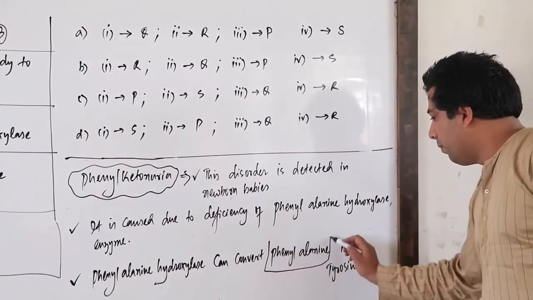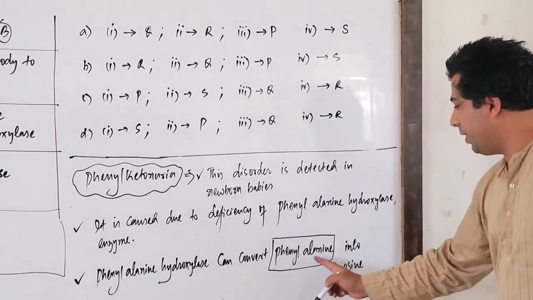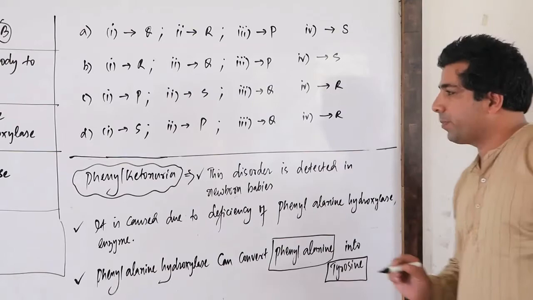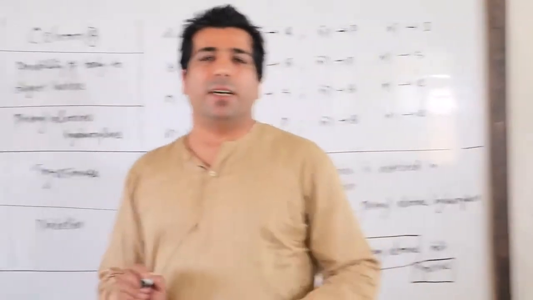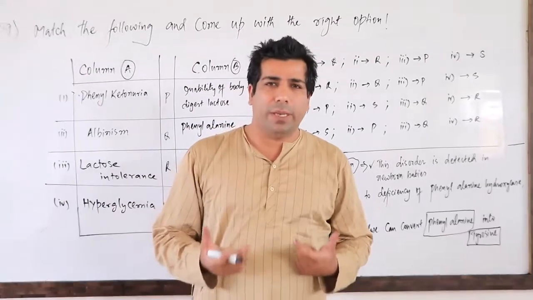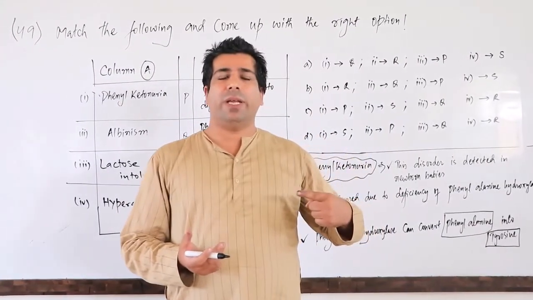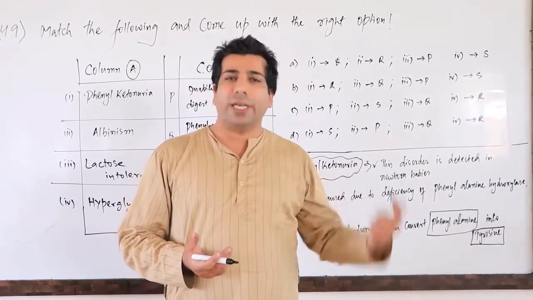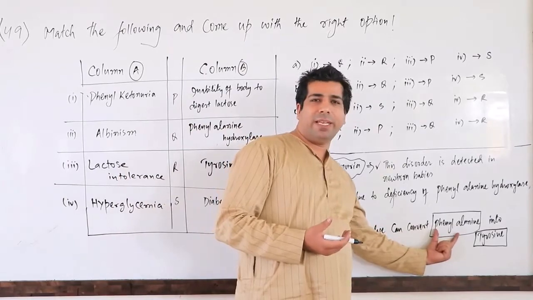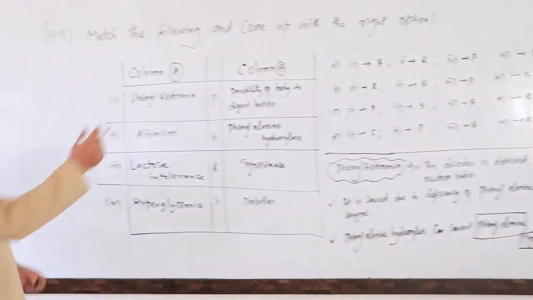So the role of phenylalanine hydroxylase enzyme is to convert phenylalanine to tyrosine amino acid. But when there is an absence of phenylalanine hydroxylase in newborn babies, then what happens? The phenylalanine will not be converted into tyrosine. So that means the phenylalanine will remain in the body. Okay? So have a look here.